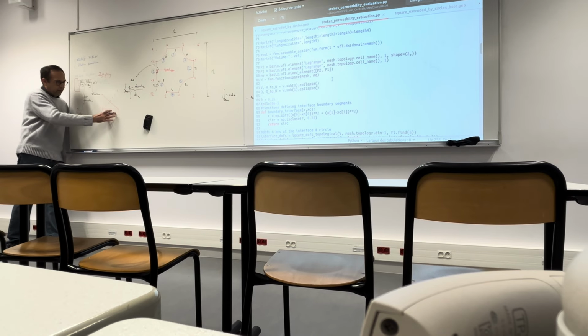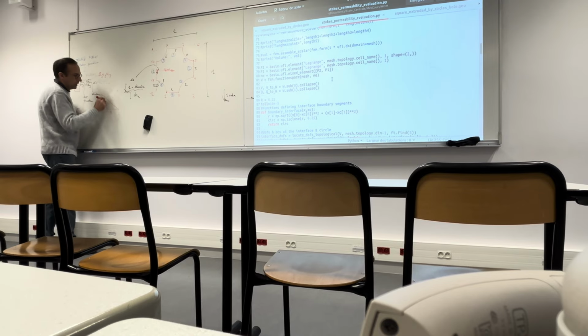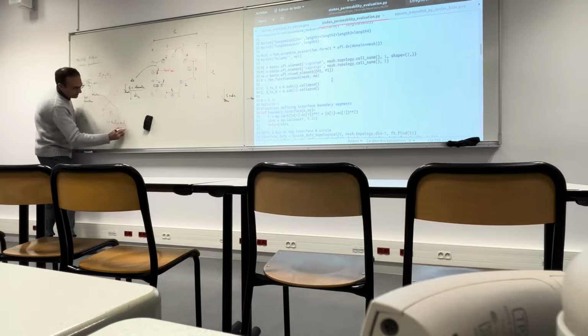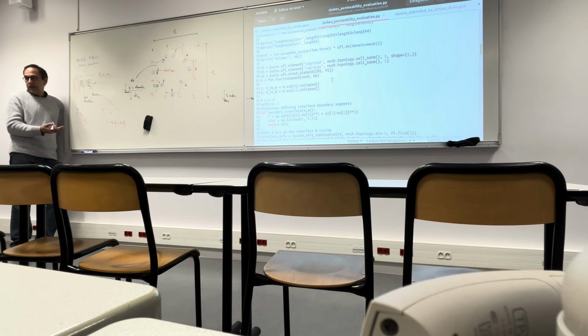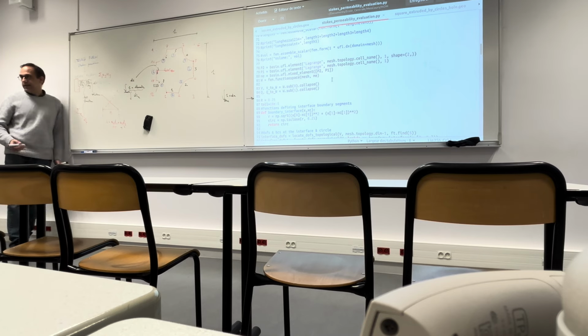So on every element you have a linear combination. You have that your solution, so for instance your u, is a1 f1 plus a2 f2. So the f1 and the f2 are given functions, and your target is just to identify the weights.